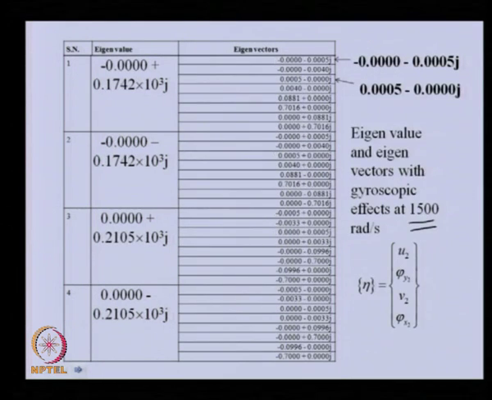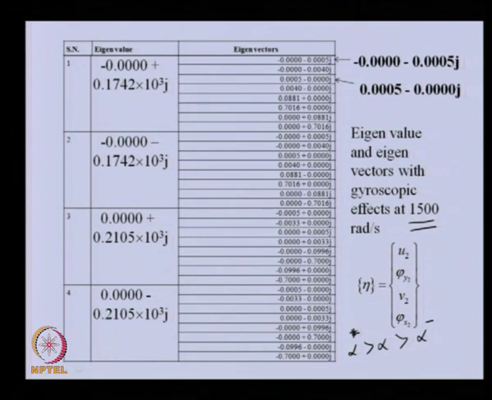Now one of the pair has a smaller value, another is a higher value. As we discussed earlier, one will be lower and the other will be higher than the one without gyroscopic couple.